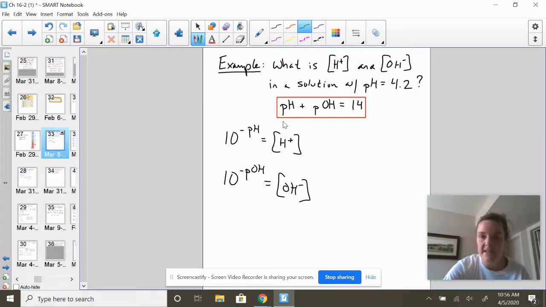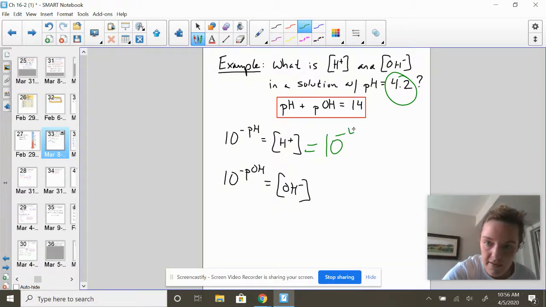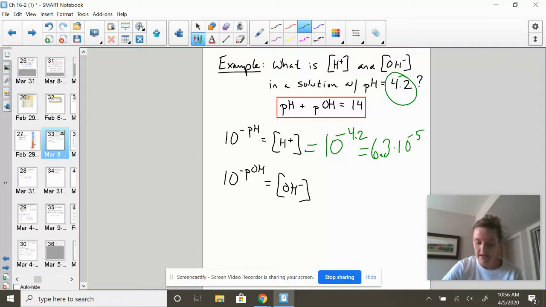So we know the pH is equal to 4.2. So 10 to the negative 4.2 is equal to 6.3 times 10 to the negative 5.